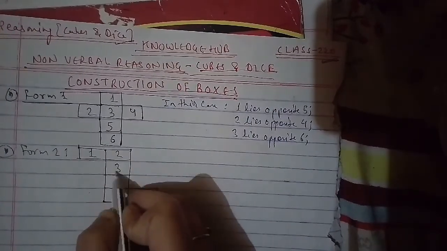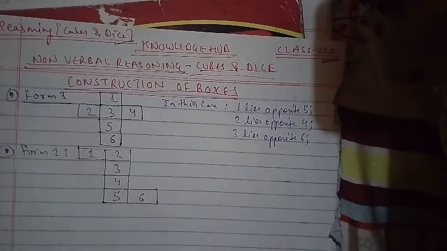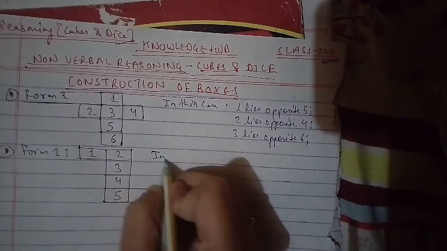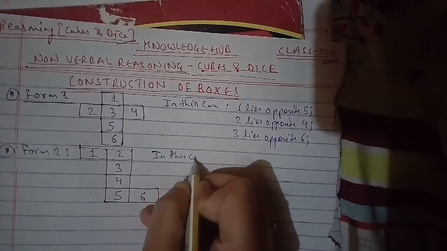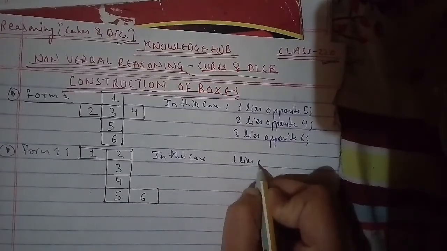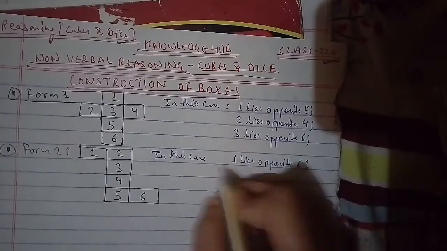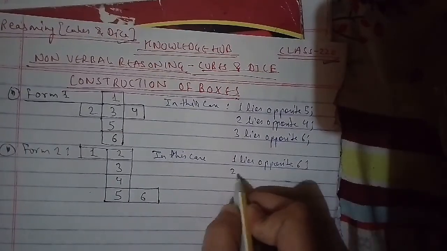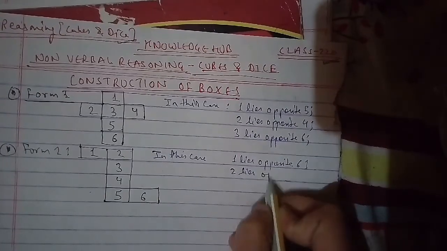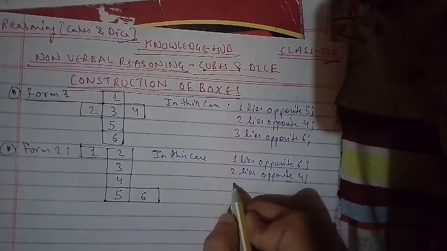In this case, 1 lies opposite 6, 2 lies opposite 4, 3 lies opposite 6.